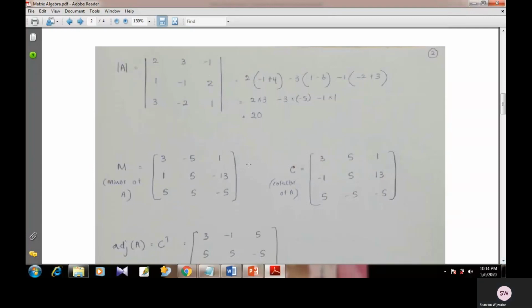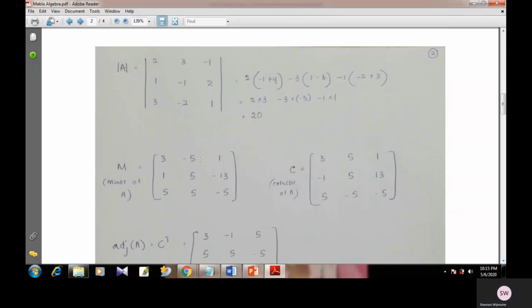And then the cofactor matrix means incorporating the place sign into the matrix of minors. We know the place sign is plus here and then minus, again plus. So if we have positive signs, there's no change in the cofactor matrix. This is 3.